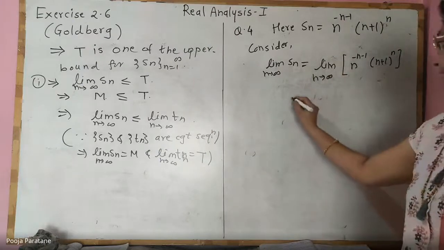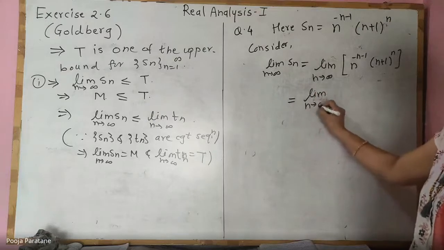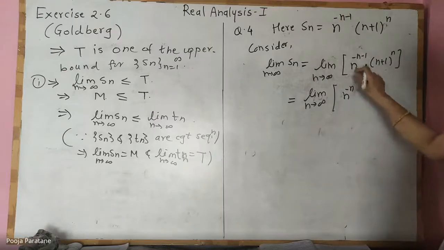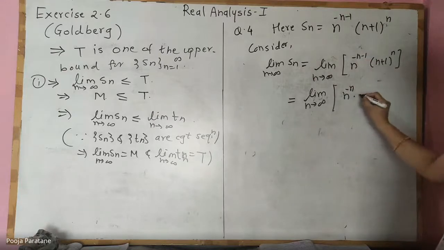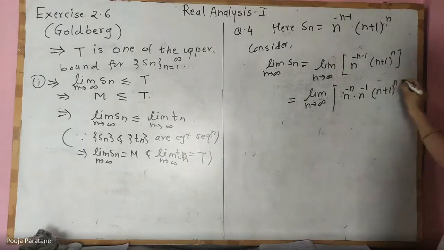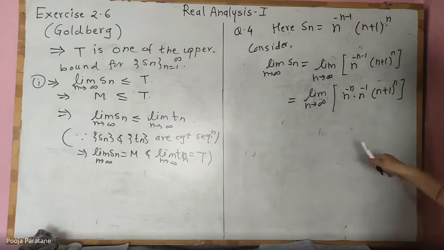So let us first simplify the term and then we will evaluate. We can split n raised to minus n minus 1 into n raised to minus n times n raised to minus 1. Now n raised to minus n can be written as 1 upon n raised to n.